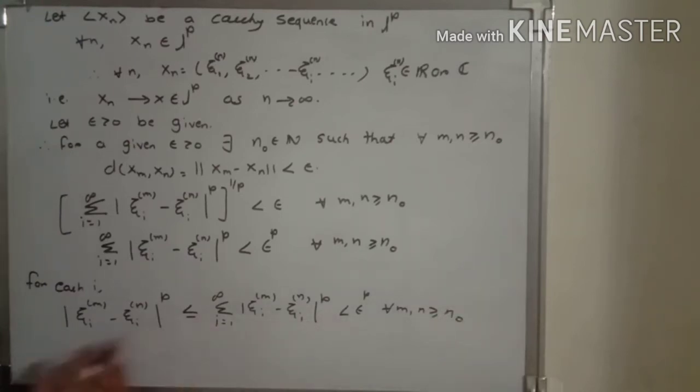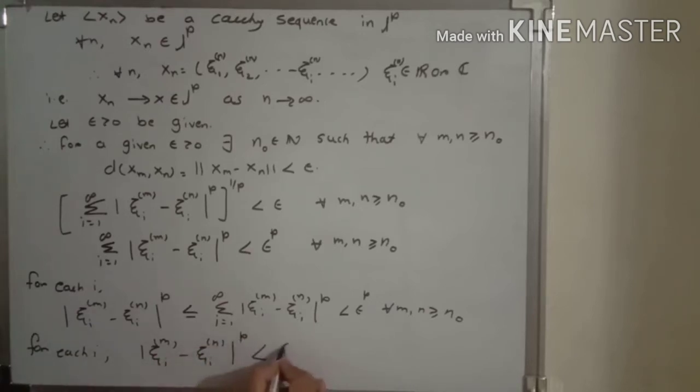And therefore we get that for each i, mod of xi im minus xi in to the power p is lesser than epsilon to the power p for all m, n greater than or equal to n naught.